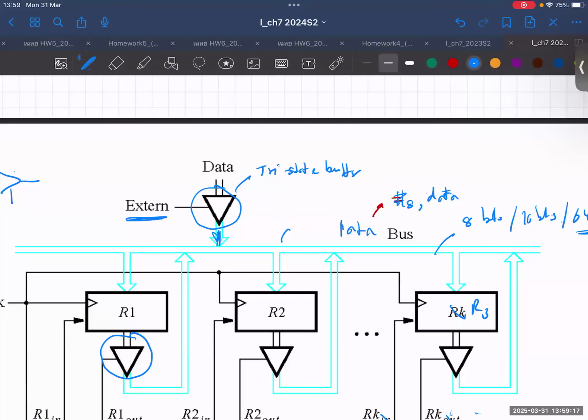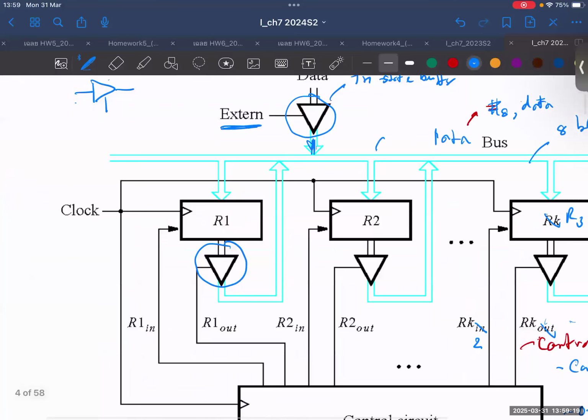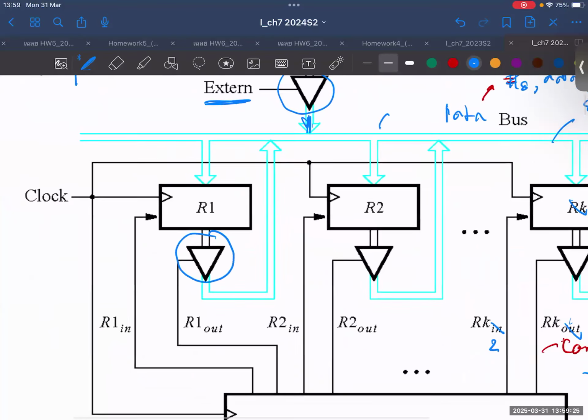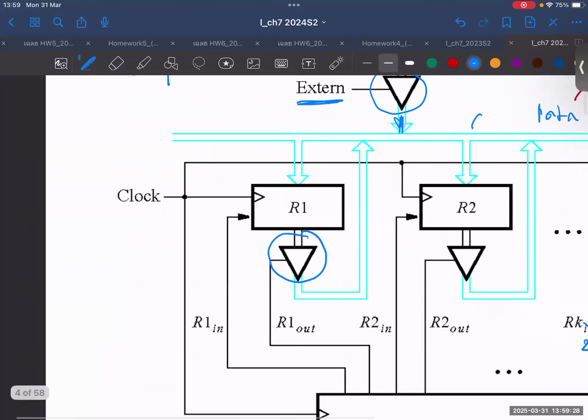So what are the details of this? What does it mean? When you see all these things, you should be able to visualize what they mean. For example, like this, the bus. Let's assume that this is 8-bit. Usually they will give you a slash with a number here, which means that this bus is 8 bits wide, so these things will have 8 bits.